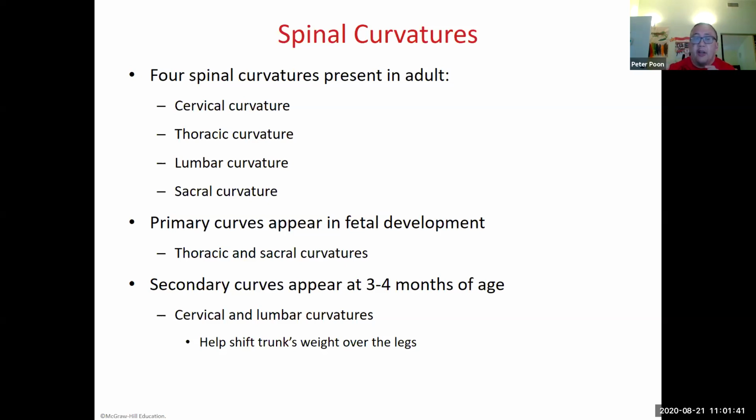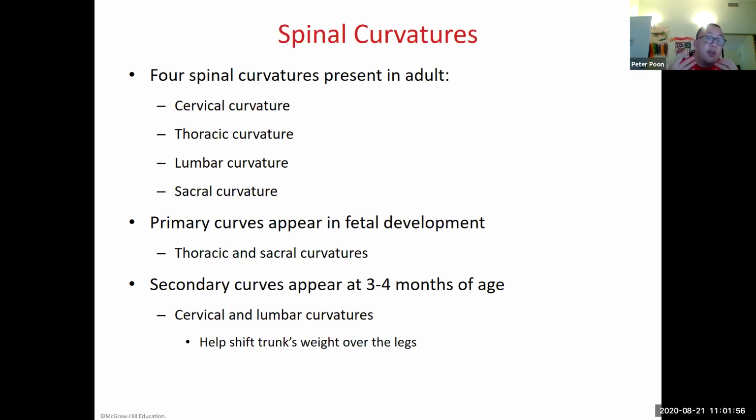The secondary curvatures start at 3 to 4 months of age, and they are the cervical and lumbar curvatures. The cervical curvature occurs first. It's pretty much done at 4 or 5 months of age.